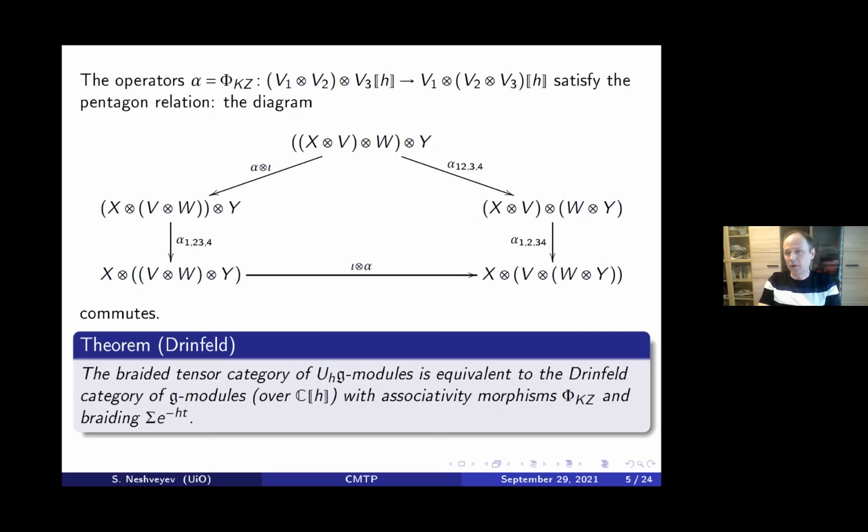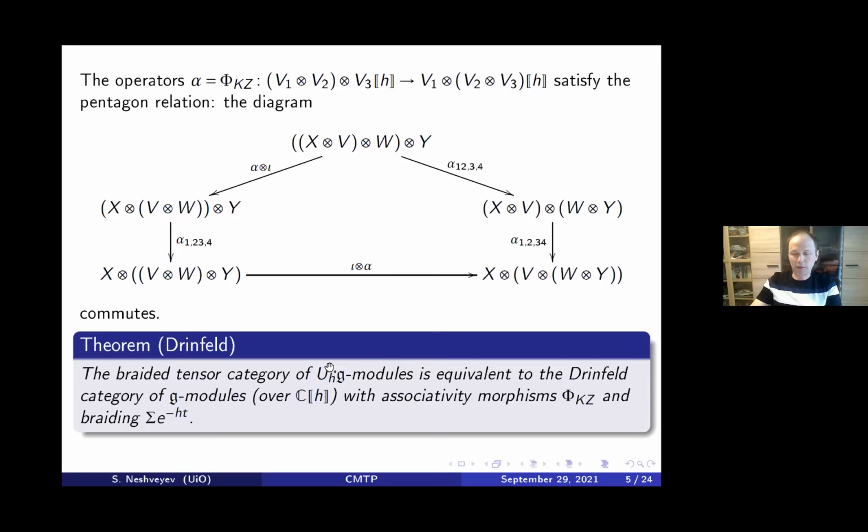What it means is that we have a new tensor category structure on the representation category of our Lie algebra g, where the new associativity morphisms are the obvious ones, but modified by the action of this element. And then the result of Drinfeld says that we have 2 tensor categories.